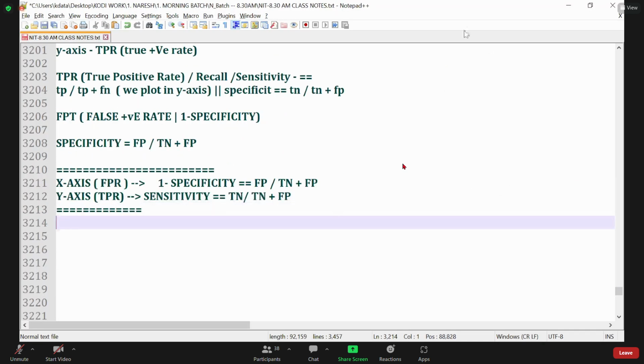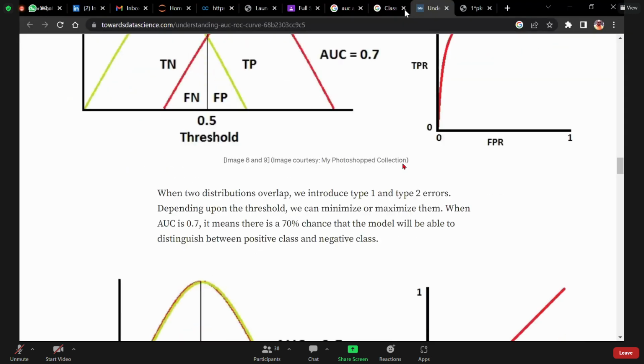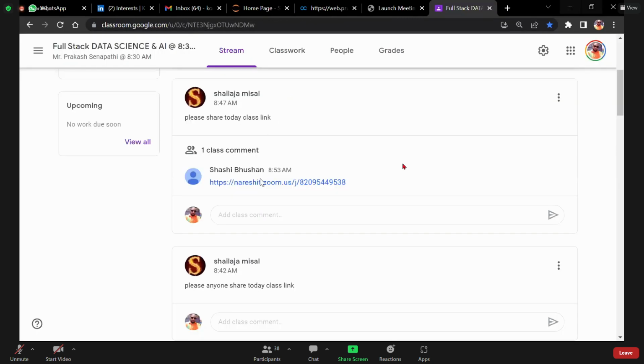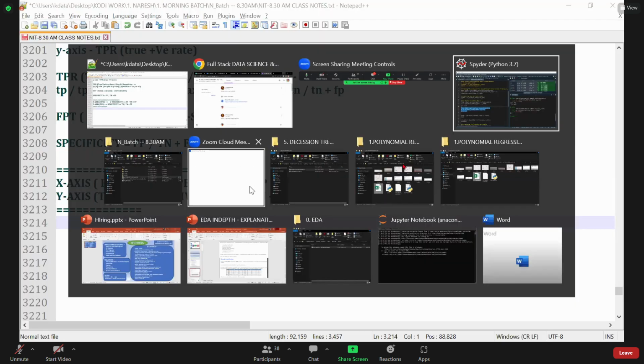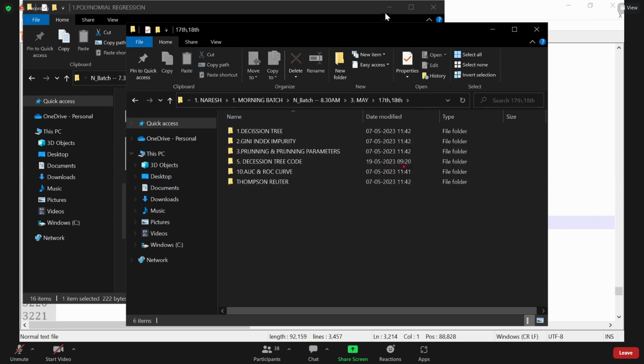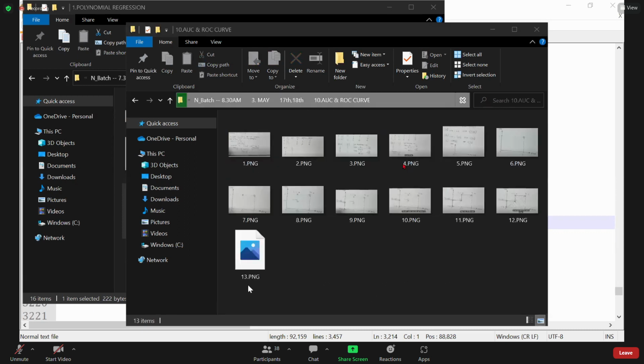But there are math equations, and you may not understand any of the articles if you open Google and all those things, so listen to me. I will go back and open my PPT. The formula for TPR, one moment.